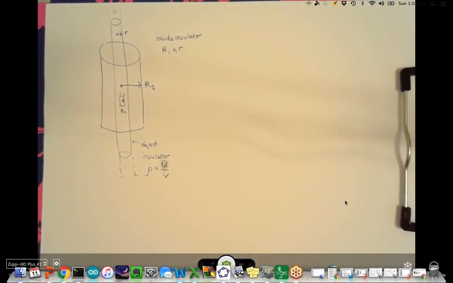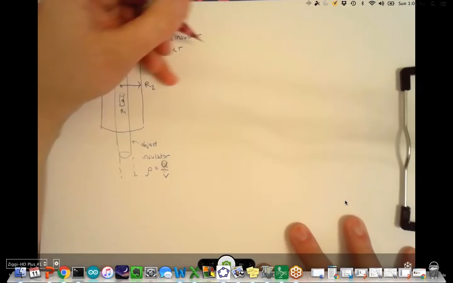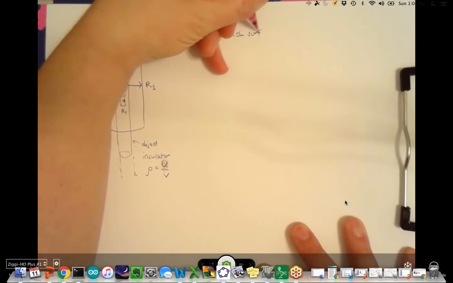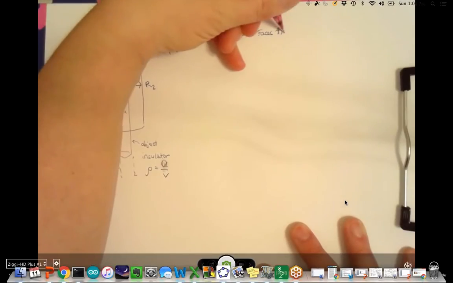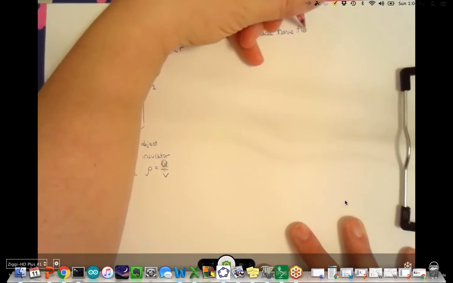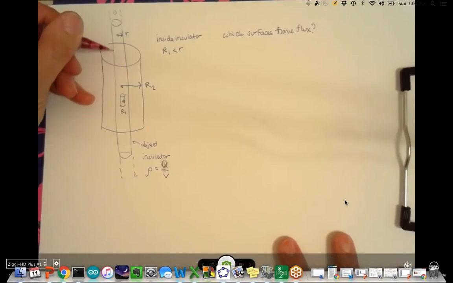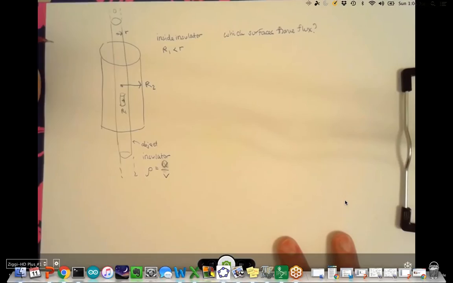Okay, so what do we want to do? The first thing we want to do is figure out which surfaces are going to have flux go through them. Because remember, it's only the surfaces with flux that are going to contribute to our electric field. If we've got an infinite cylinder, where is the electric field due to that infinite cylinder pointing?